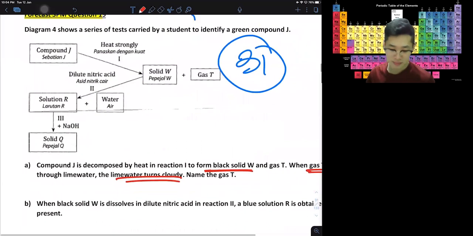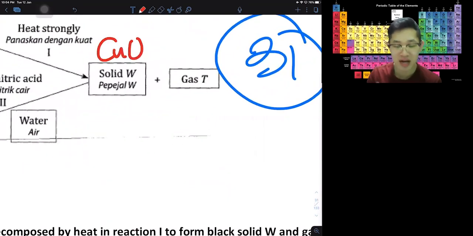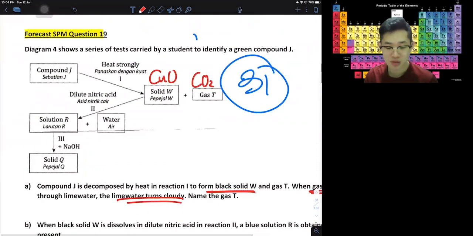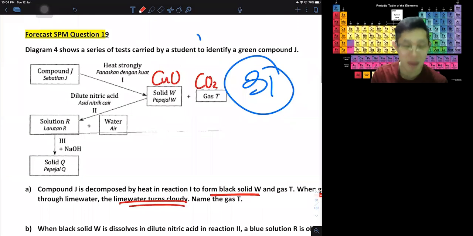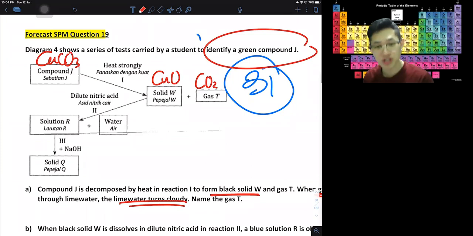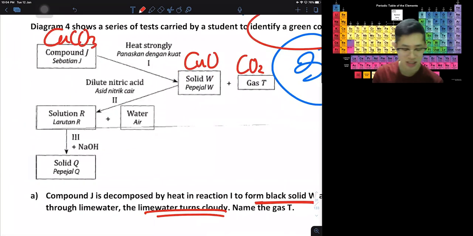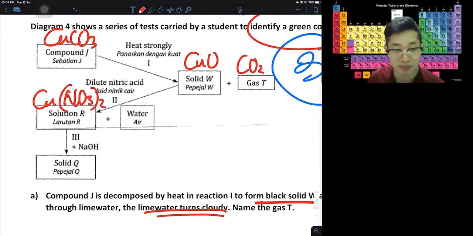So they say that W is a black solid. Black residue must be CuO with 1 gas, carbon dioxide. So you can immediately tell that compound J is a CuCO3 salt, which they mentioned here also, green compound J. Copper 2 carbonate is in green color. CuO plus nitric acid, if you write the equation, you're going to get copper 2 nitrate plus water.